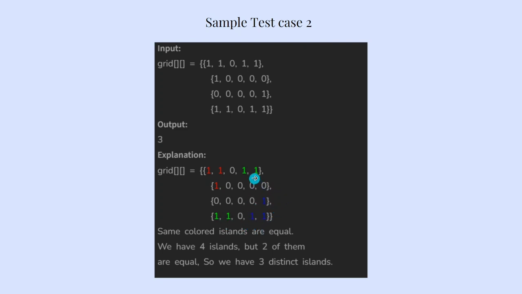Here there are two green colored ones, in the first row and in the last row. They both are considered to be one island because they both are looking similar without even rotating and reflection.